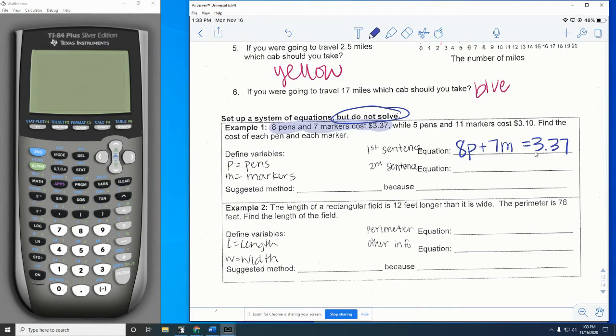So I could get my two variables in that equation. And then my second sentence, 5 pens and 11 markers cost $3.10. Well, again, I need a P and an M and a total. So with this one, I have P, M, and money, P, M, and money.